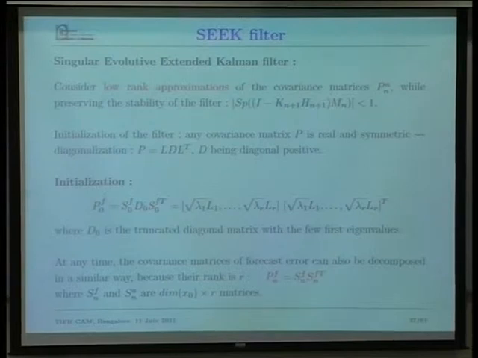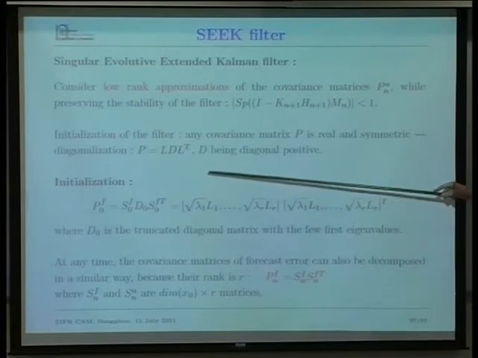So these matrices, if you consider 1 billion points, are 1 billion by 1 billion, and the idea is to replace them by matrices of rank maybe 20 or 50. So for this, we use the singular value decomposition.